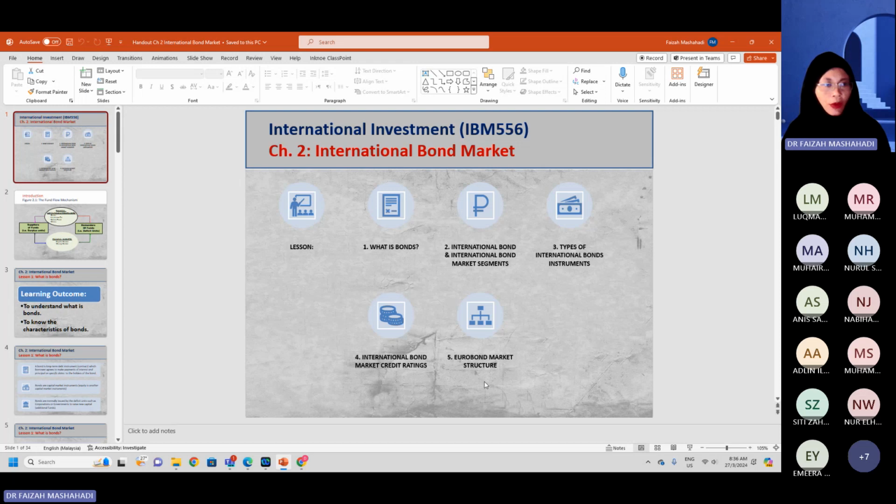In the case of IBM, IBM is a foreign company. So when this company issues bonds in our market denominated in ringgit Malaysia, this is a kind of foreign bond, a kind of international bond. So we are going to look into several types of international bonds. For example, we have the foreign bond, the Eurobond, and the global bond, right?